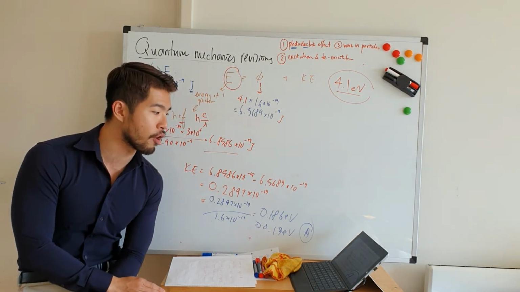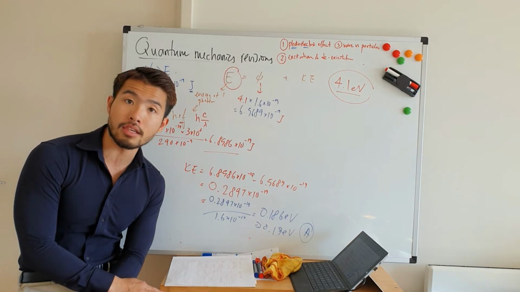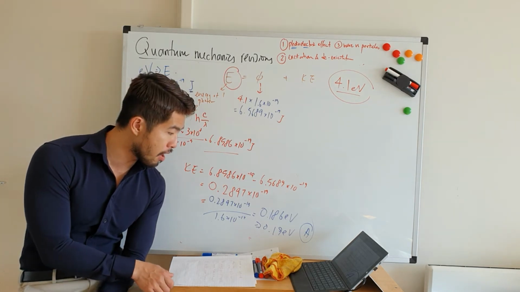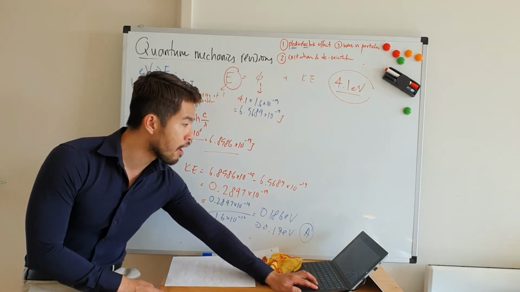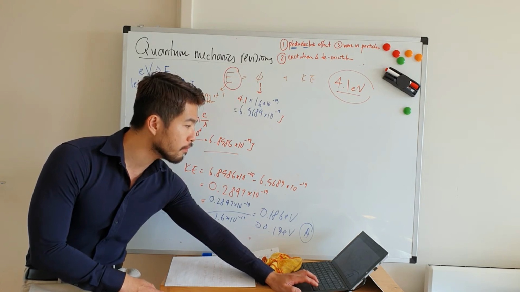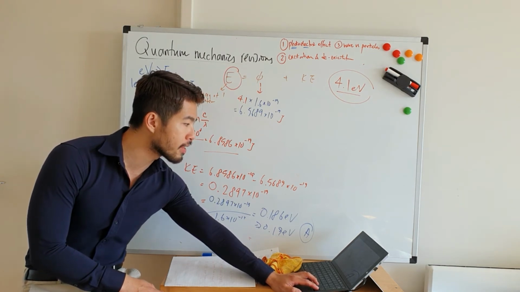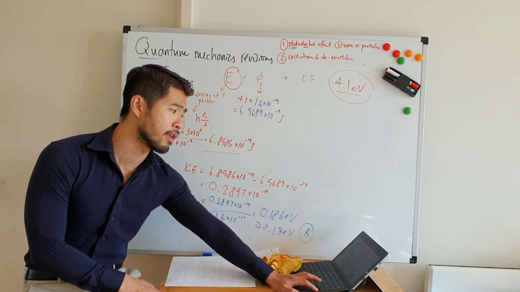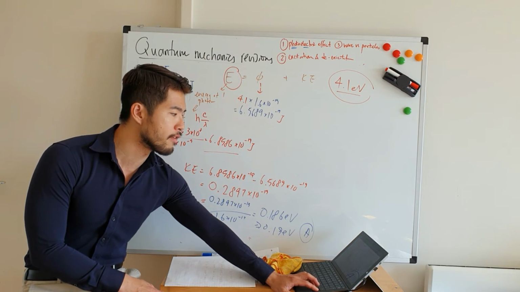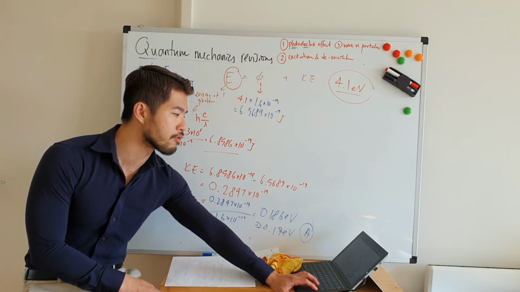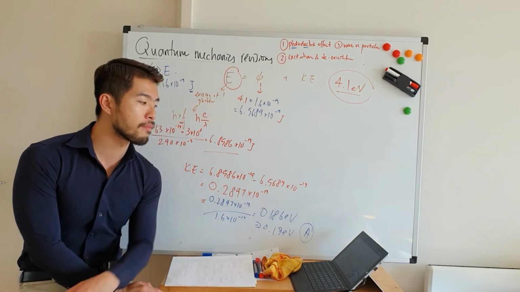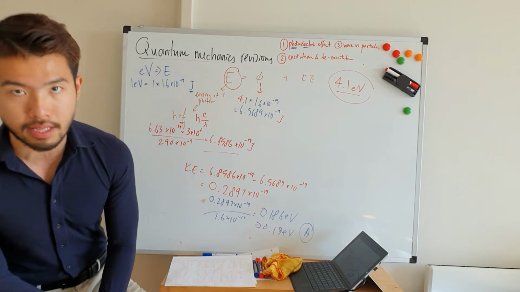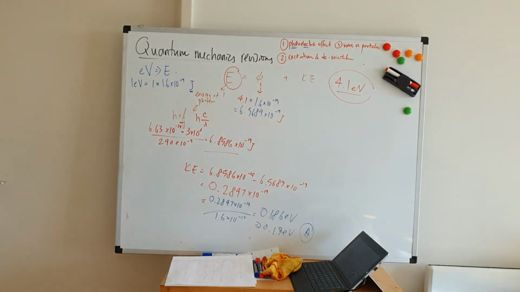Do the rest of that first. I will come back and do the second part, excitation, and also question 11 as well, because question 11 is just turning eV into joules, etc. Okay. I'm going to come back to do excitation, de-excitation, and energy levels.